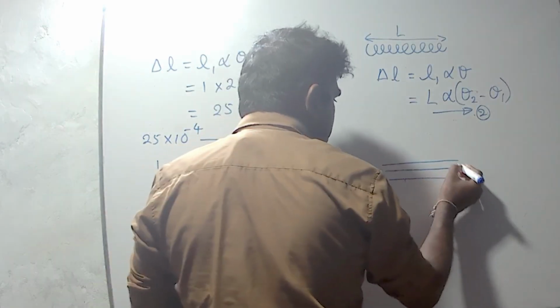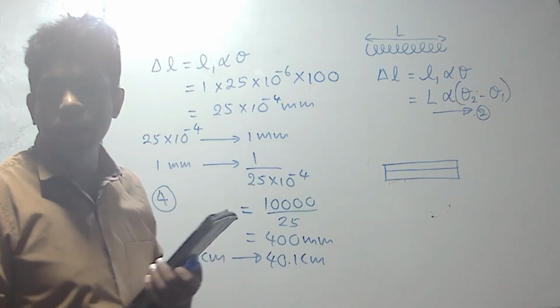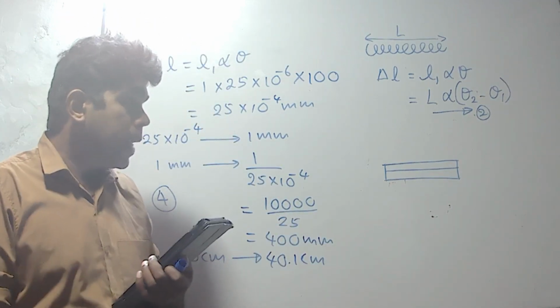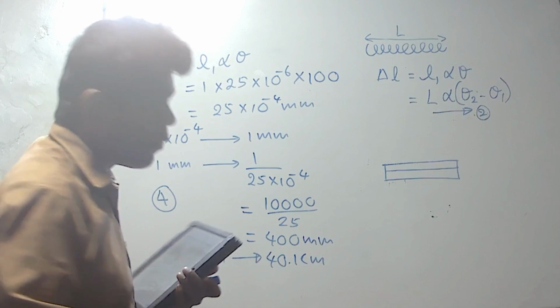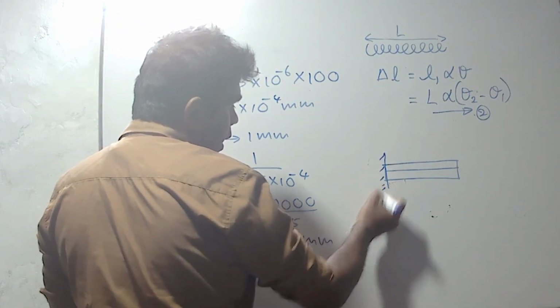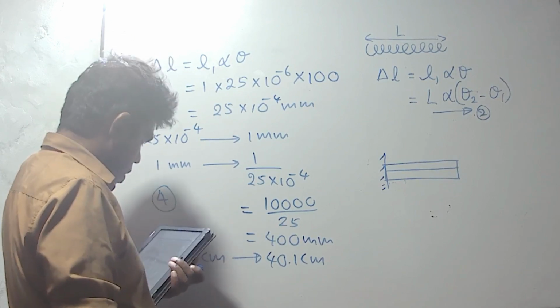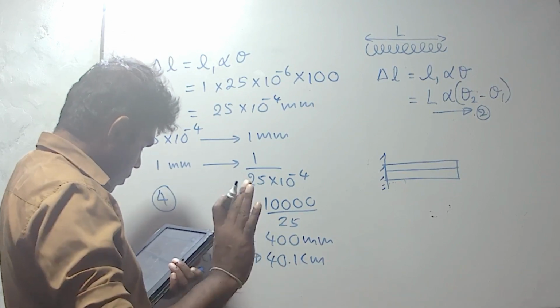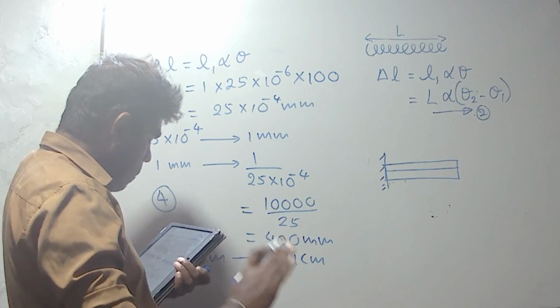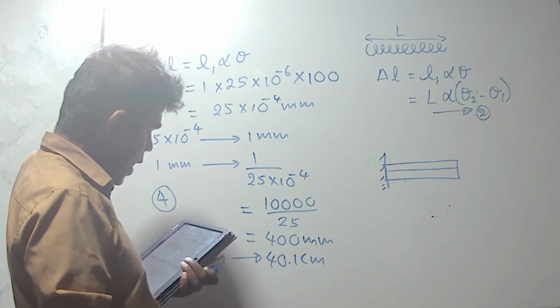Bimetallic strip means there are two materials with a difference of linear expansivity. Therefore, it bends when heated. They have asked which bends upward when one end is clamped and heated.